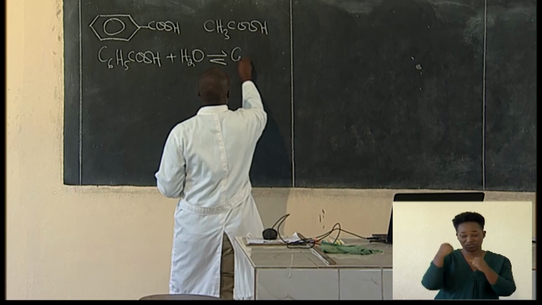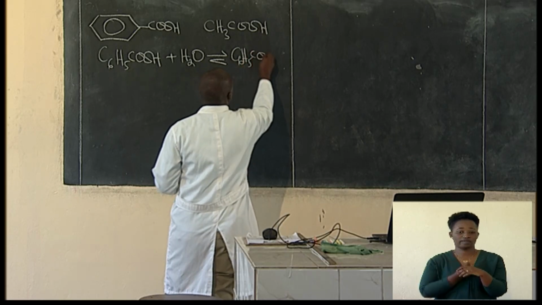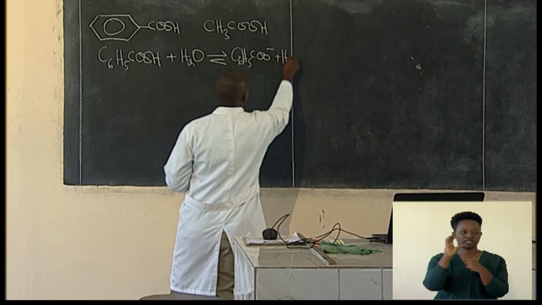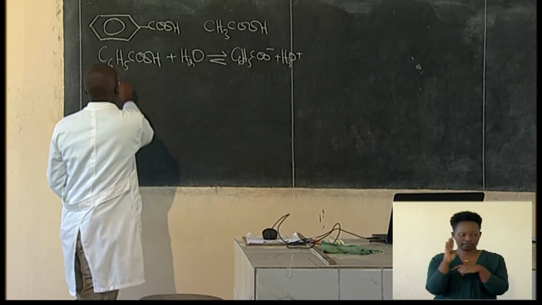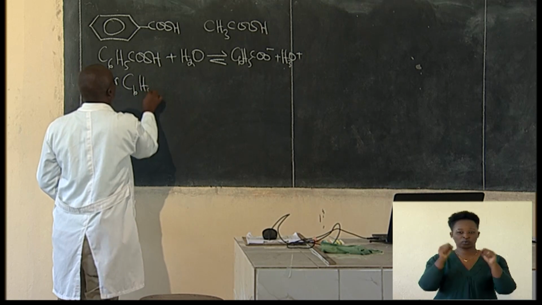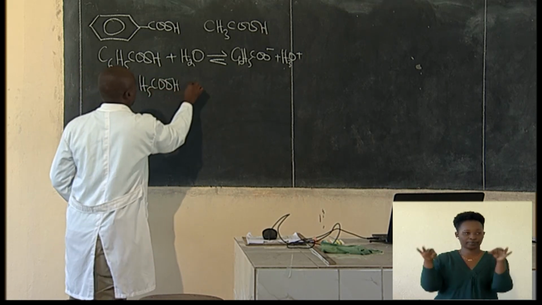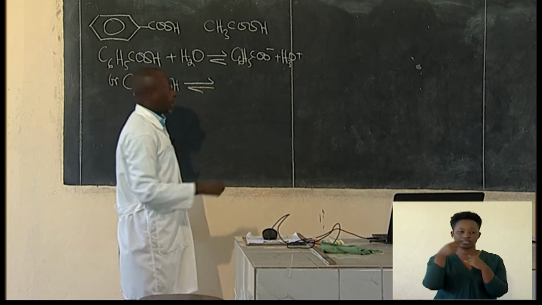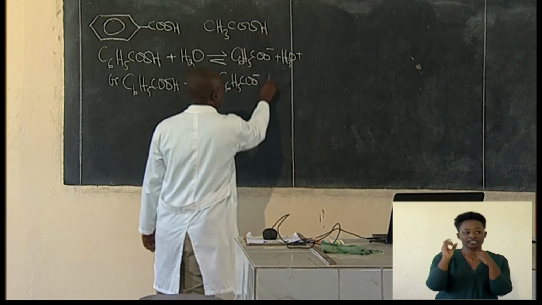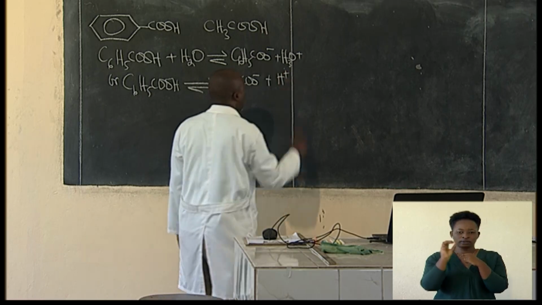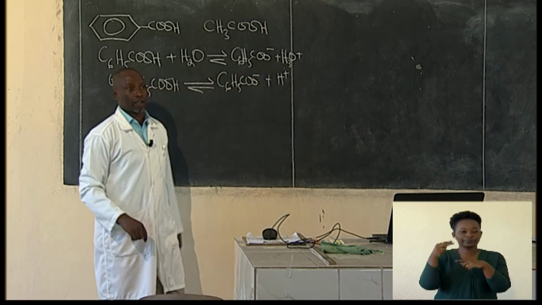So we'll have C6H5COOH, plus water, giving the hydroxonium ions being produced. Or we can present this in this form, C6H5COOH partially ionizing to C6H5COO minus plus the hydrogen ions. These hydrogen ions are the same as the hydroxonium ions.